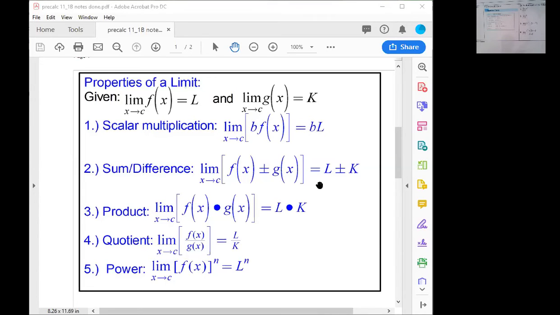If we add or subtract these two functions, then our limit is just adding or subtracting those two limits. Product: if we multiply two functions, then we multiply those two limits. Quotient: if we divide those two functions, then we just divide those two limits. And the same thing for a power: if we raise some function to a power, then we just raise that limit to a power.